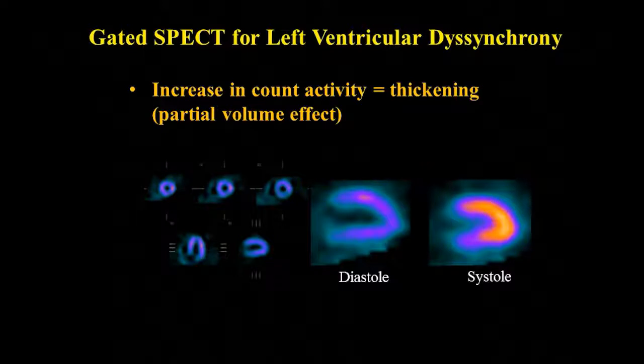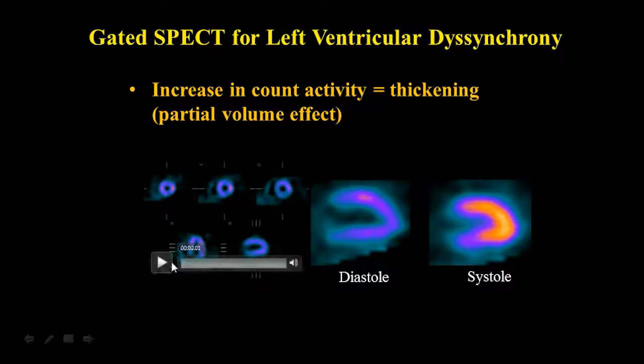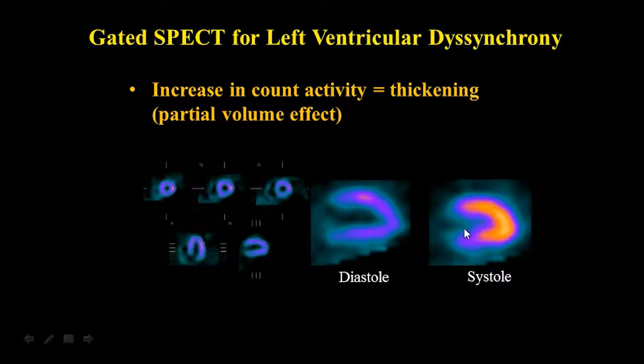So gated SPECT for assessment of dyssynchrony seems to overcome this problem. An assessment of dyssynchrony on SPECT, which can be extrapolated to PET as well, is based on the partial volume effect.